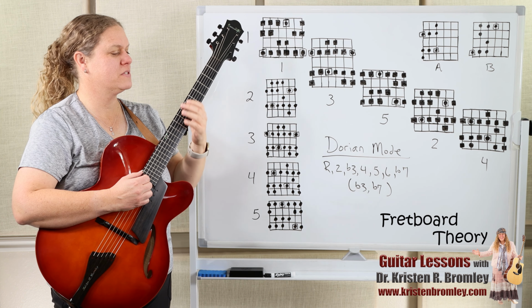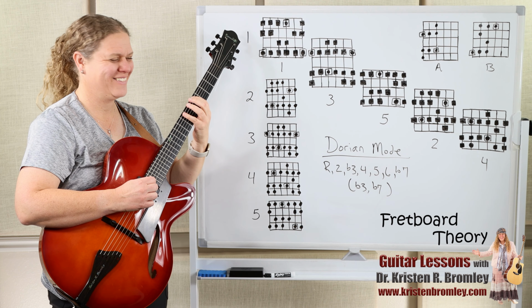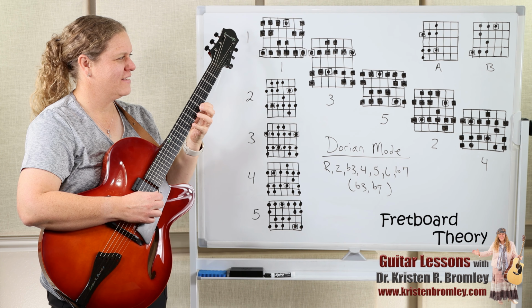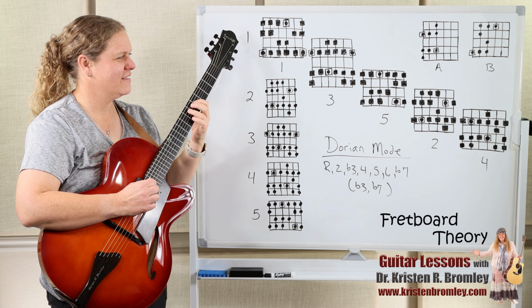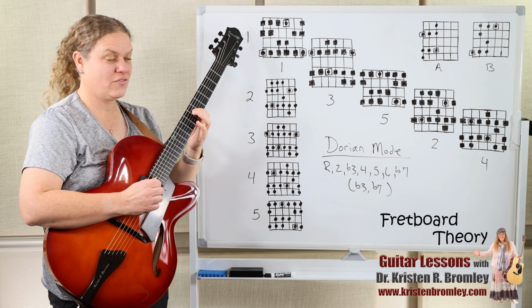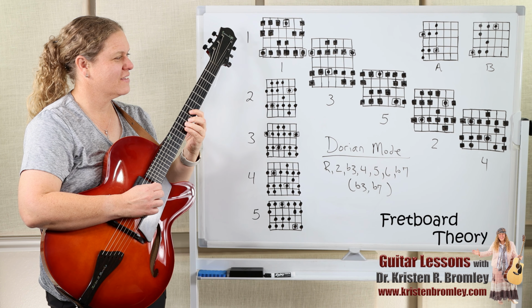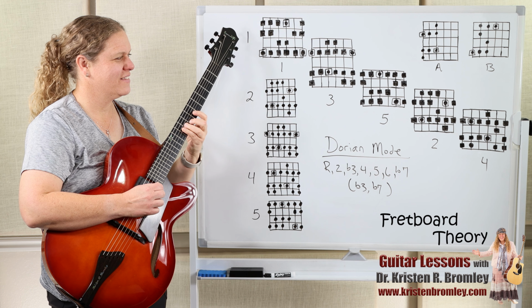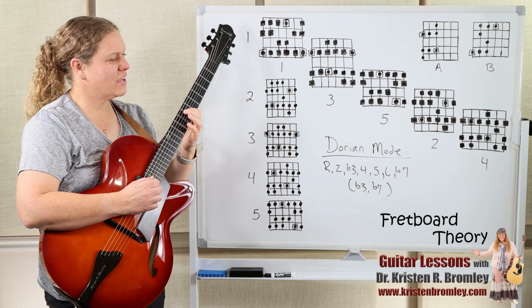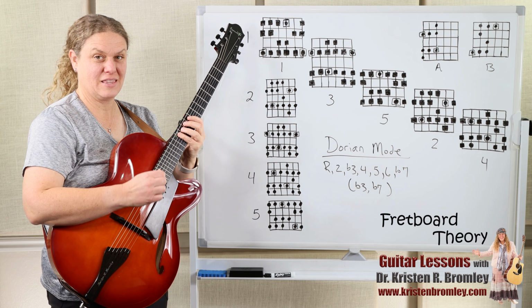So with this one I've got... If we go up to the next position, I've got... If I go up to that next position, 7th fret there. If I go up to the next position with my pinky at that 12th fret.